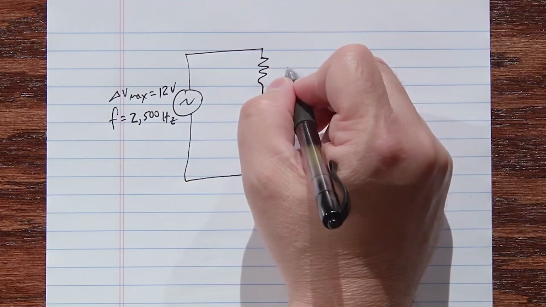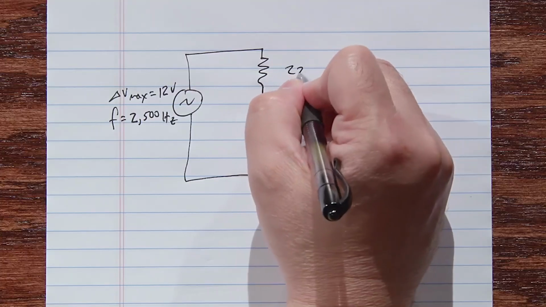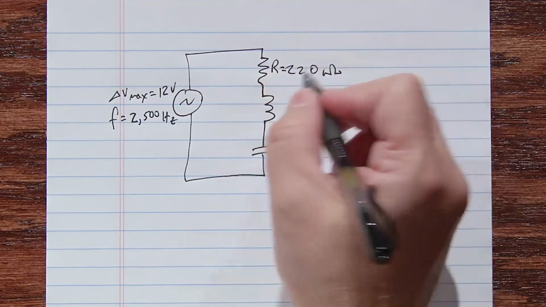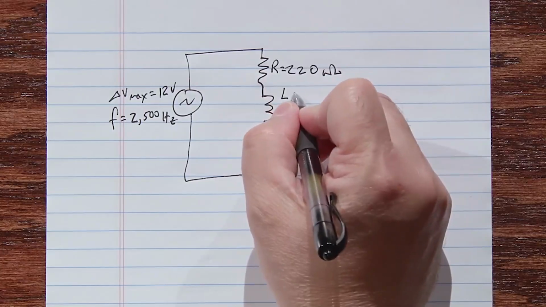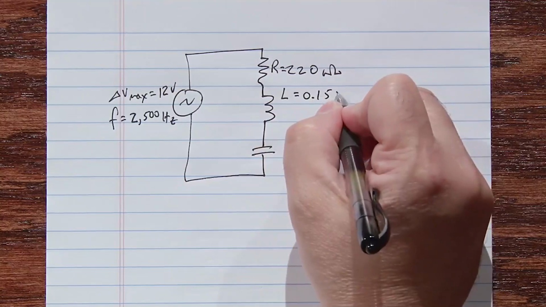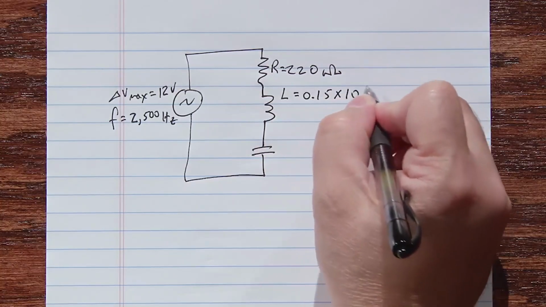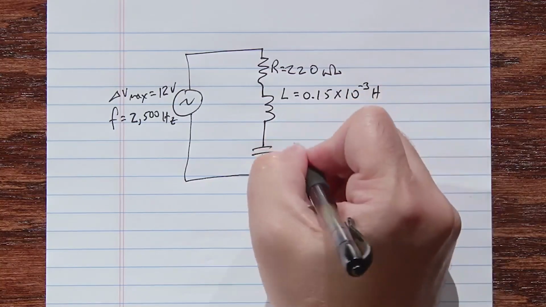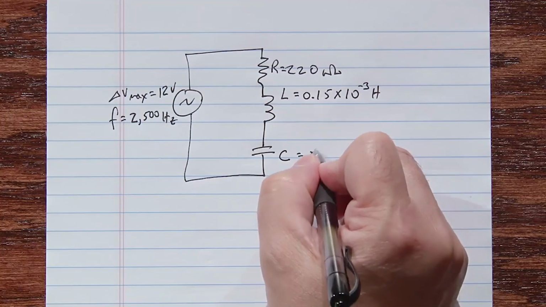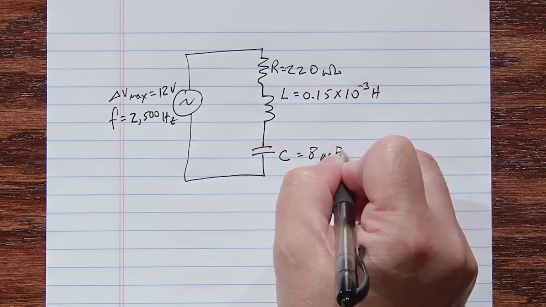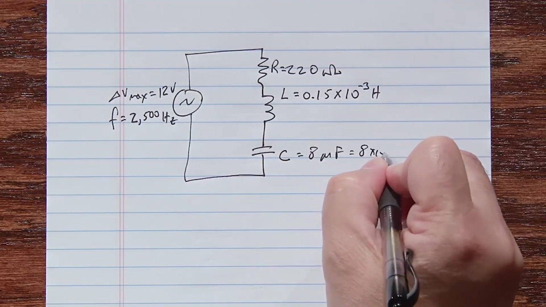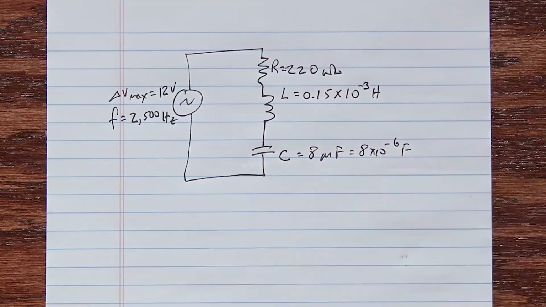The resistance R is equal to 220 ohms. The inductance is equal to 0.15 millihenries, or 0.15 times 10 to the minus 3 henries. And the capacitance is 8 microfarads, or 8 times 10 to the minus 6 farads.